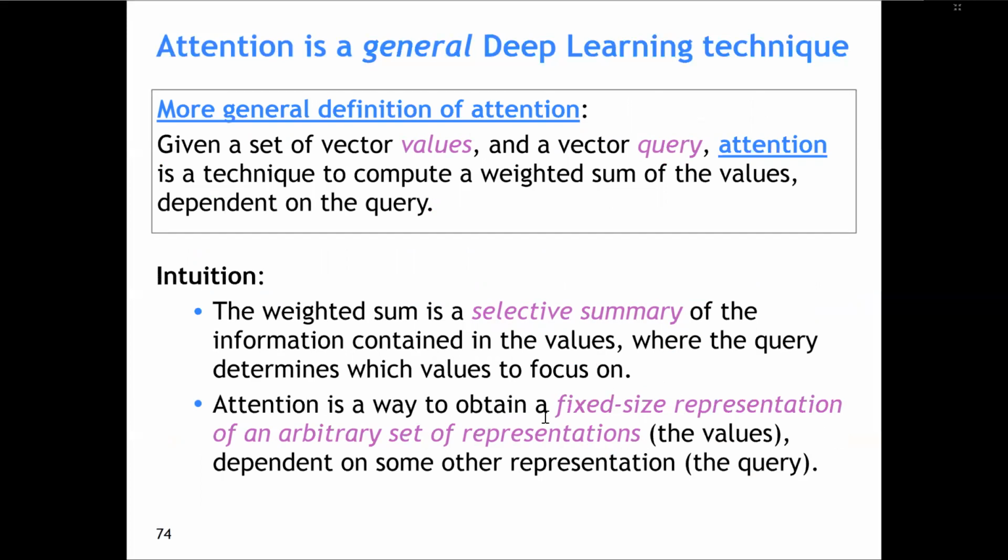It's also a way to obtain a fixed-size representation, because the fixed size is basically the dimension of your hidden states. The decoder is dynamic as you move along, but you always get a fixed-size representation.